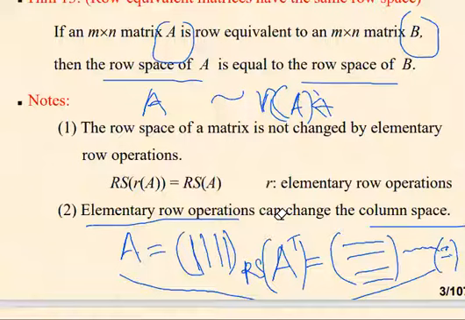Elementary row operations can change the column space, but if you transpose this one and do row operations to this, you know that this is equivalent to this reduced one. Then the row operation of this one is the same as the row operation of this. Then you can consider the transpose of this one again. Then that will be the basis.